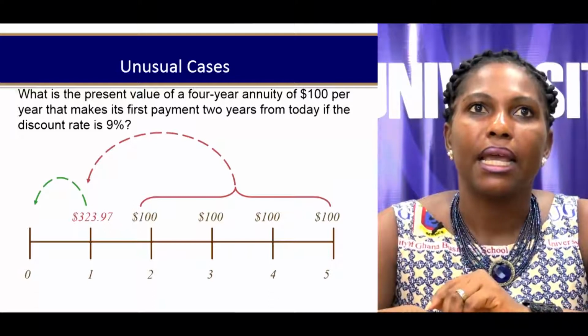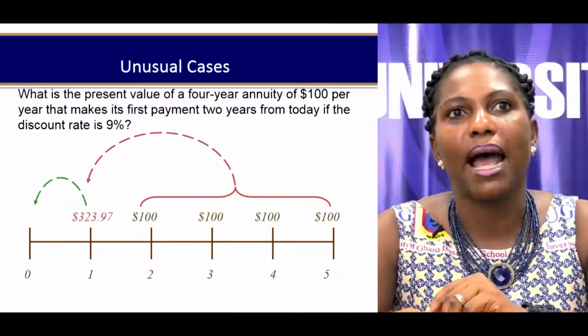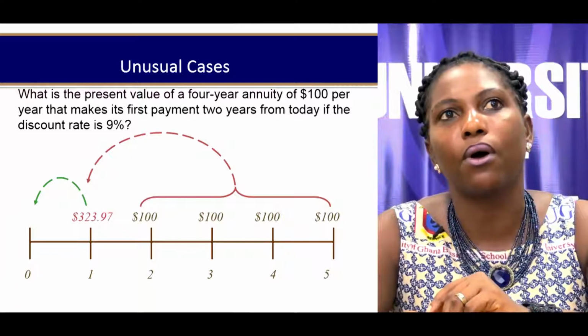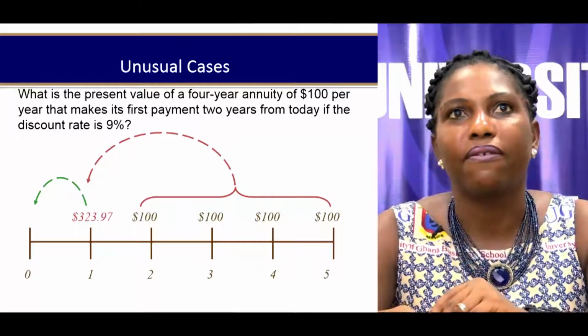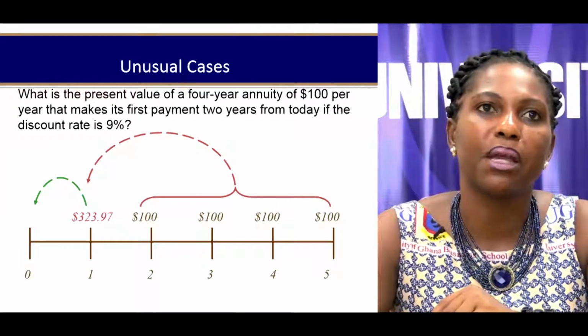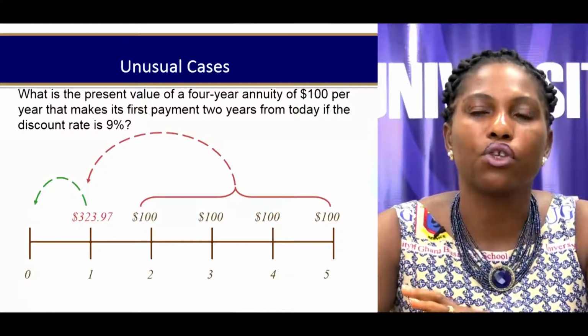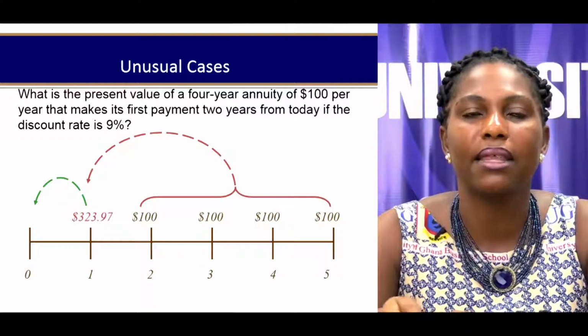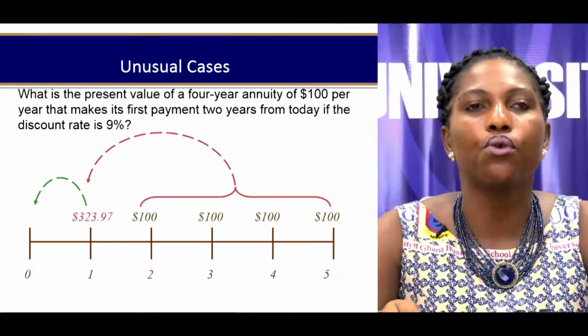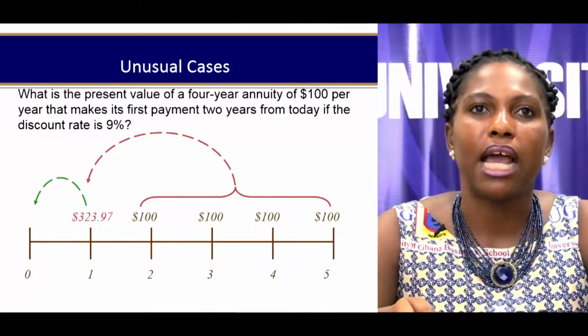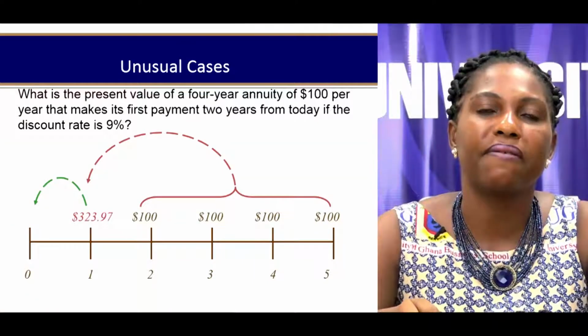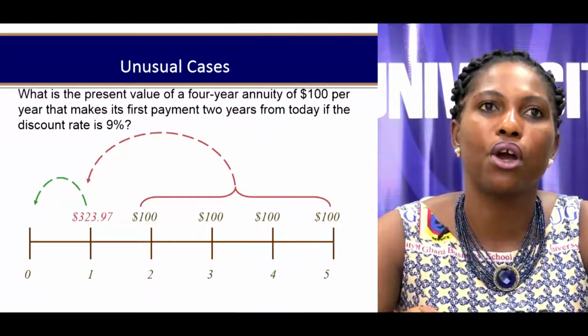Now, in some cases, we actually would have an unusual case where a 4-year annuity doesn't make its first payment upfront, but it makes it over some period. So what you do is that you may still apply the annuity formula, but then you will roll back, because the annuity formula works on the premise that the first payment is starting 1 period from today.